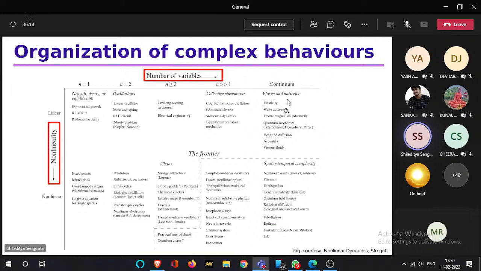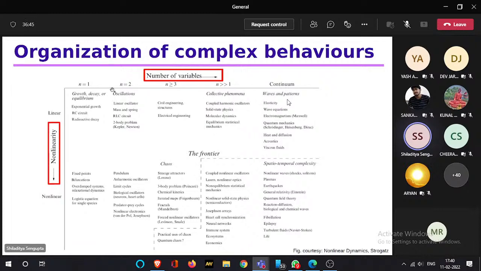When you go to n tending to infinity, it becomes a continuum system. You can no longer count the number of variables. Then again it becomes slightly simpler, just because you can describe it in terms of waves, and effectively the number of variables becomes less. So this is the part which is more complex or more difficult.